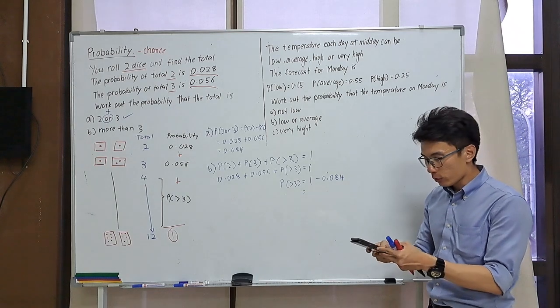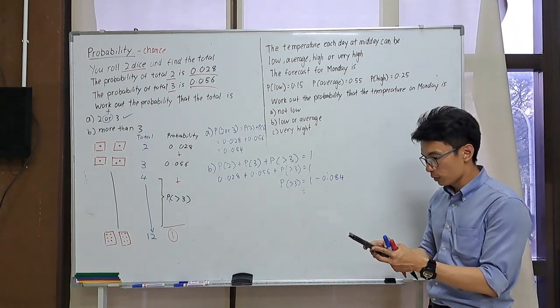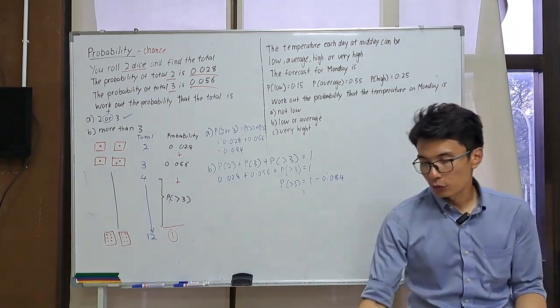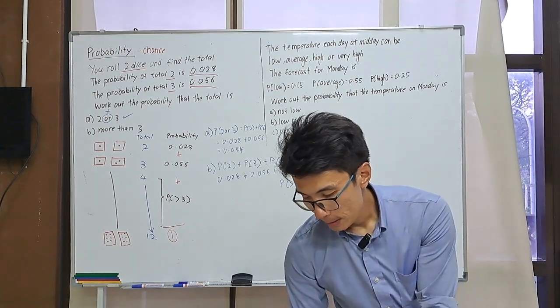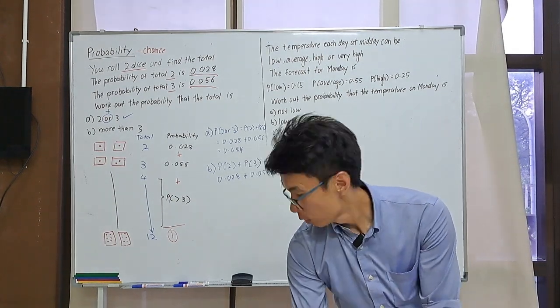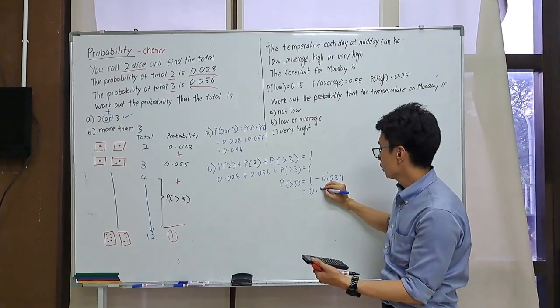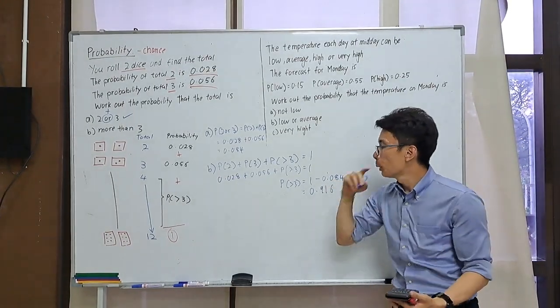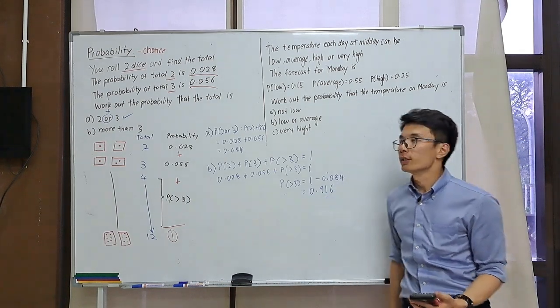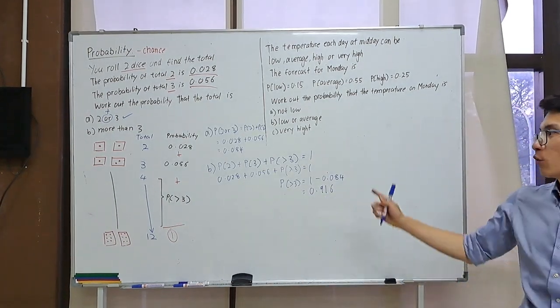Alright, and when you subtract over here, 1 minus 0.084, you should get 0.916. So that's the probability over here. Okay, so that's how we do this question.